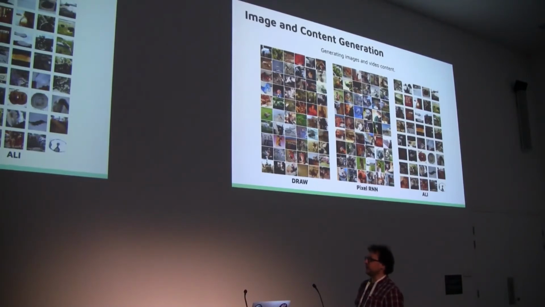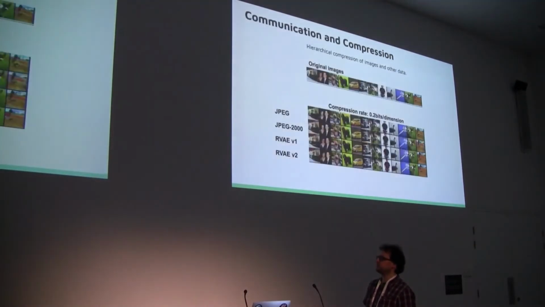As you can see, if you carefully inspect these images from a distance, you may think there are objects here, but as you get close, you see there are no objects, and there is still a lot of the statistics of natural images that these models are missing. So there's still quite a long way to go, but these models have made impressive progress in the last couple of years.